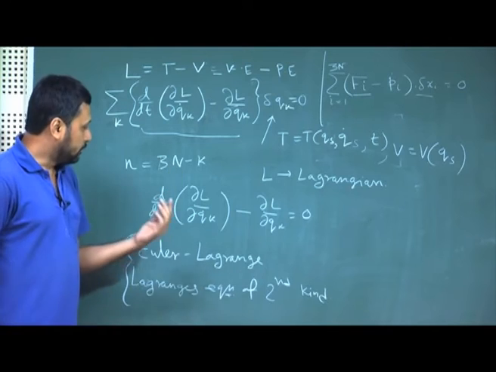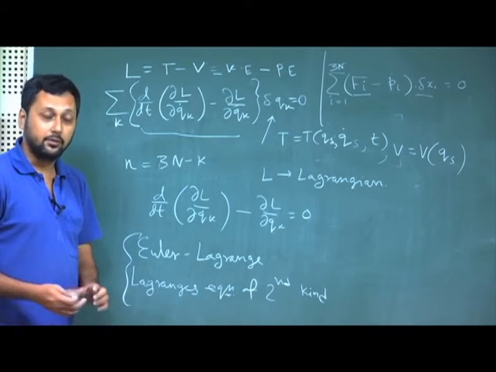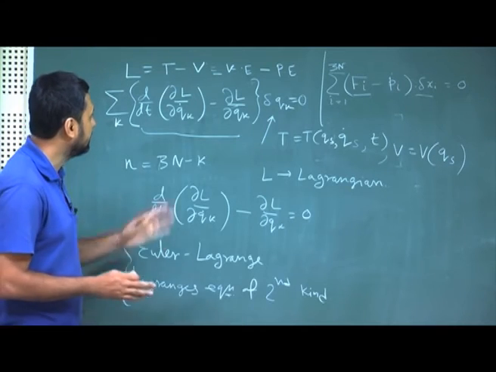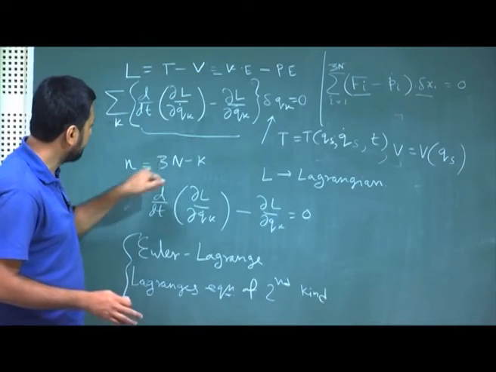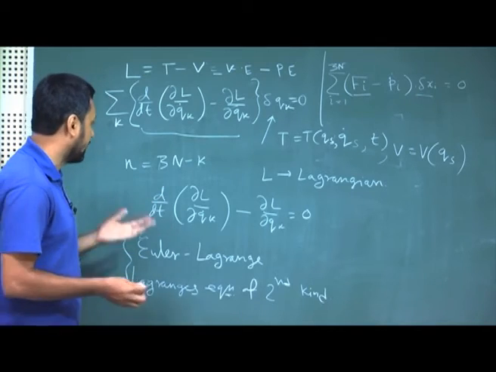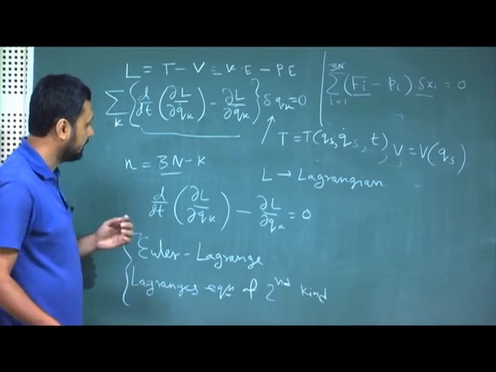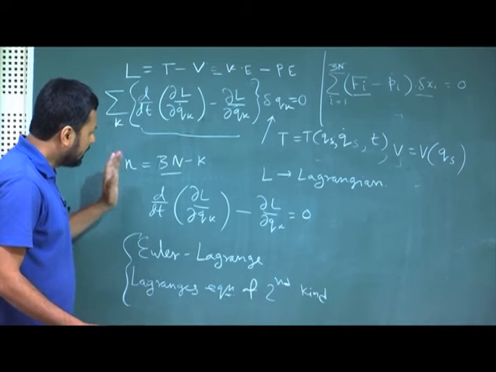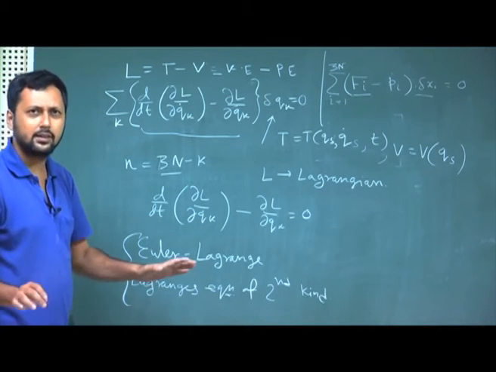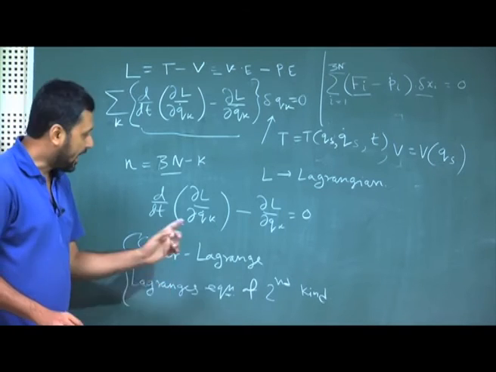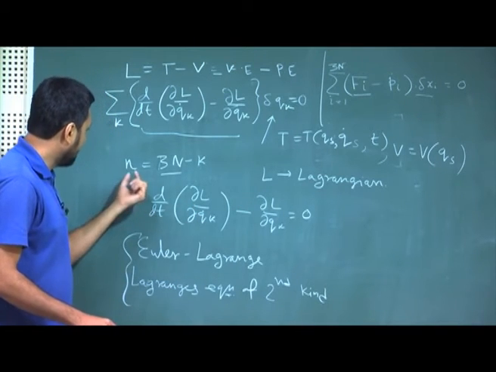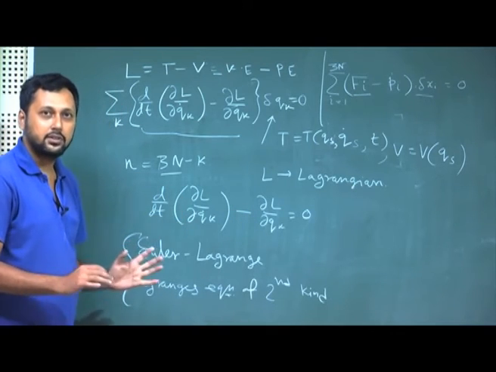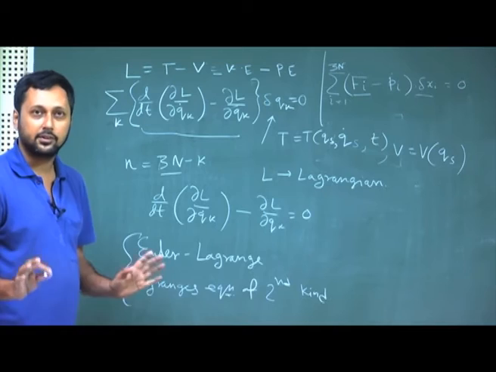From there we came to Lagrange's equations of the first kind, where we involved the constraint forces and constraint conditions in the system, and we got 3n equations, out of which n are independent. Finally we removed all the contribution from the constraints, and we got n, equal to 3n minus k, independent equations, which is sufficient to describe the system totally.